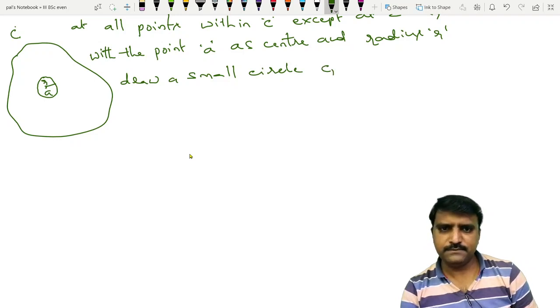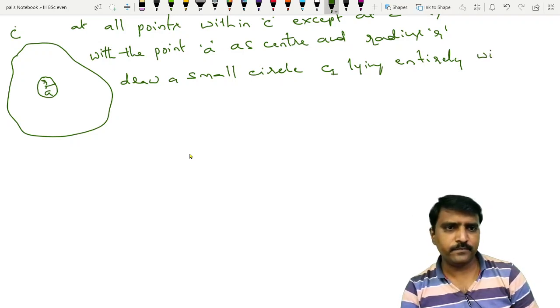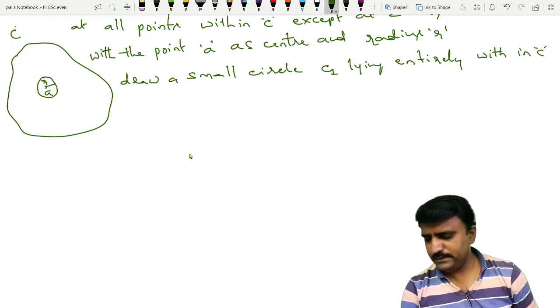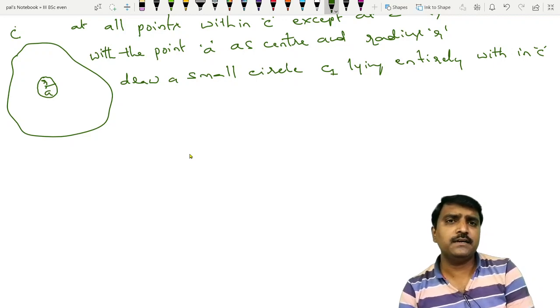Take that circle as C1, such that it lies completely inside C. Circle C1 lying entirely within C.